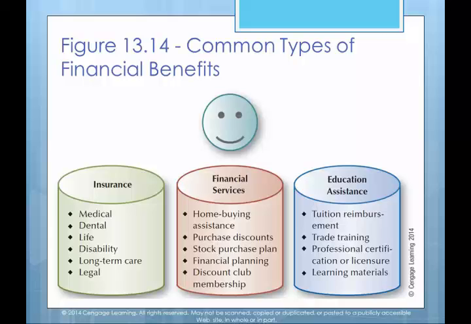And on the left is obviously insurances: medical, dental, life, disability, long-term care, and legal services. And then you've got education assistance, which is a terrific benefit for tuition reimbursement. I hope many of you are getting funded by your employer, pursuing your master's. Trade training, professional certification and licensing, and then learning materials.